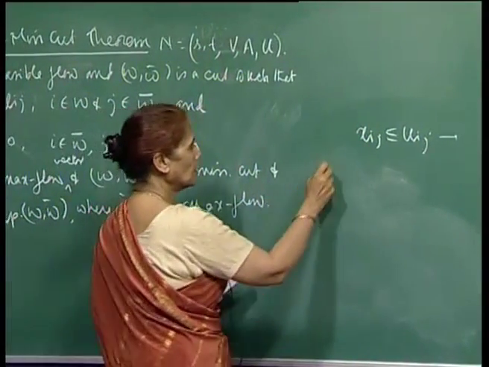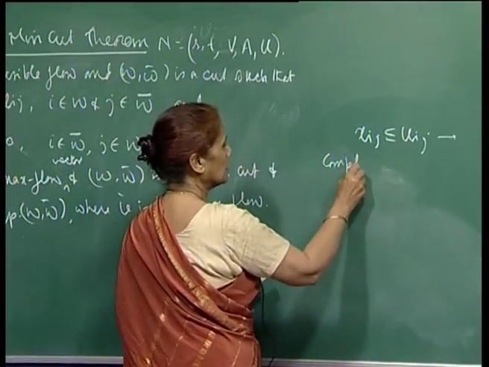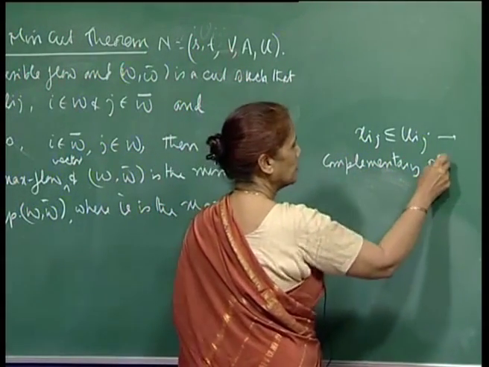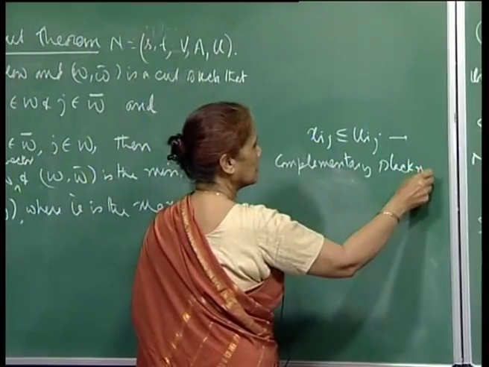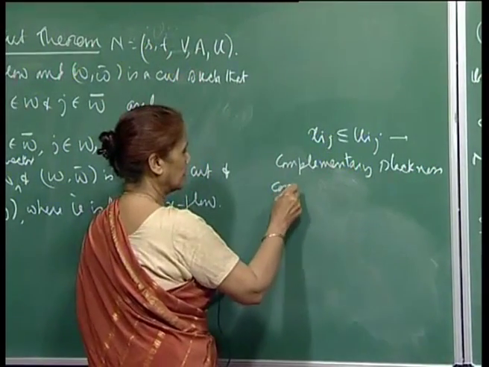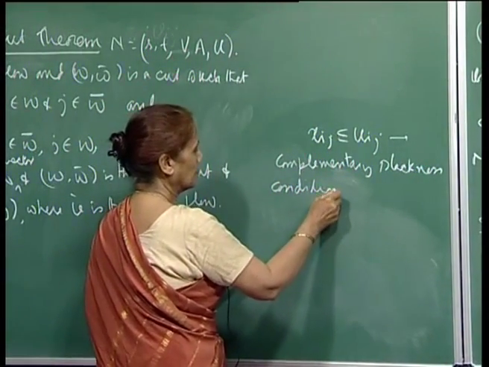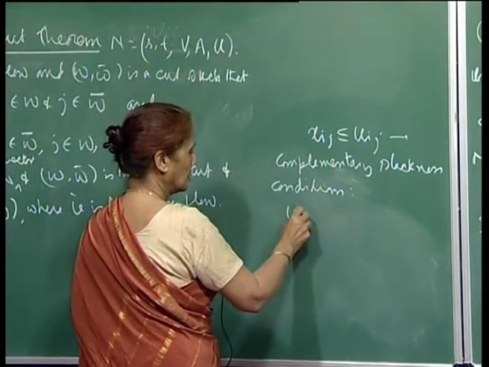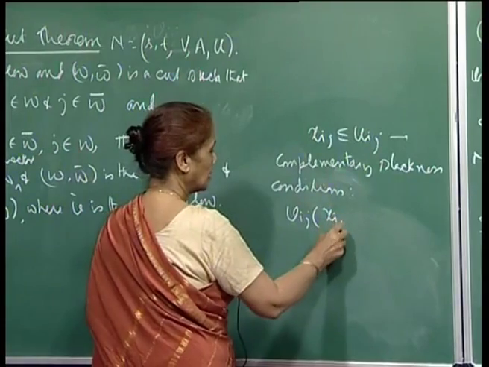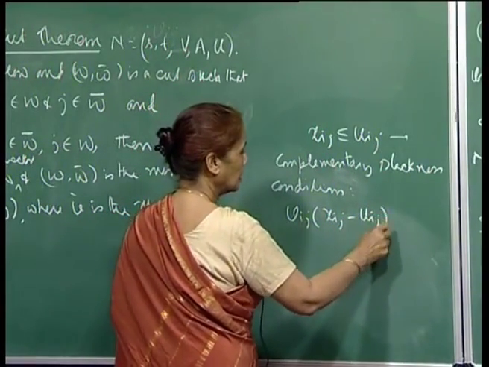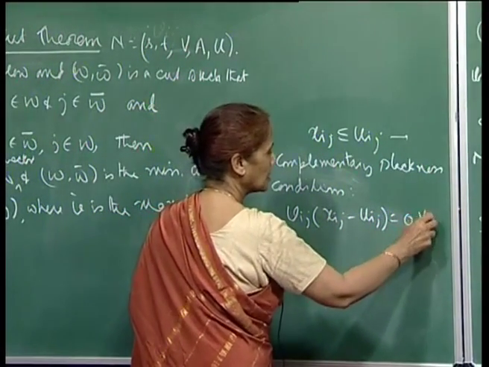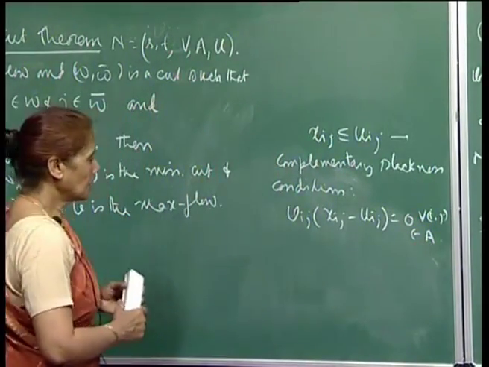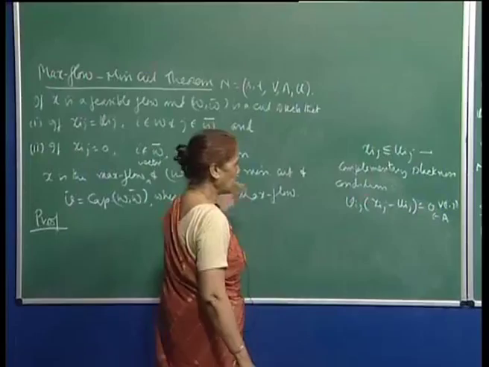So if you look at the complementary slackness conditions, this required that Vij times (Xij minus Uij) should be 0 for all ij belonging to A. This corresponds to the primal constraints.